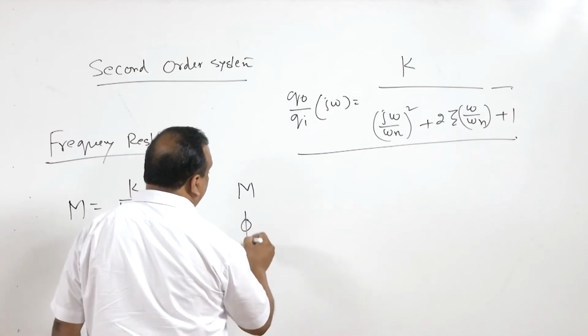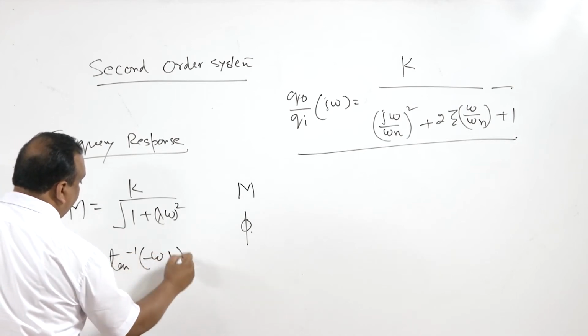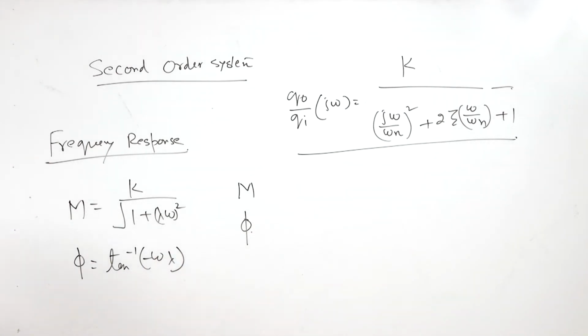Here the phase angle was tan inverse omega lambda, phase lag was tan inverse omega lambda. There is never a phase lead in the response, because the system cannot respond before the input is given to the system. So ideal case is phase lag is 0.